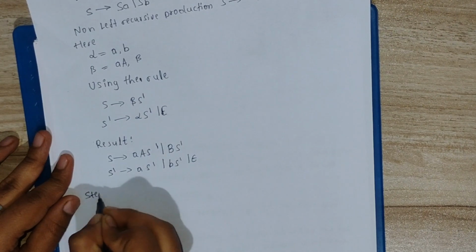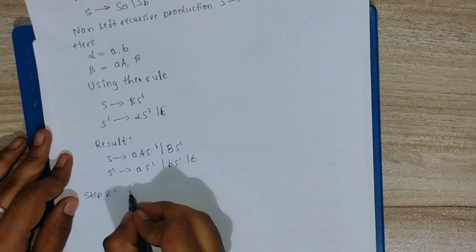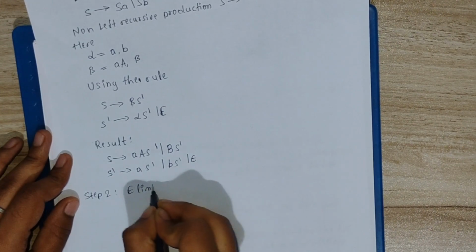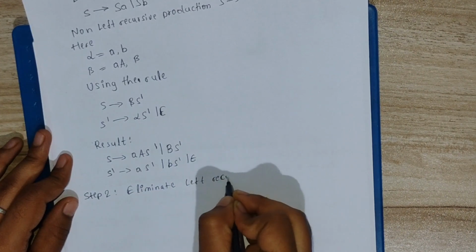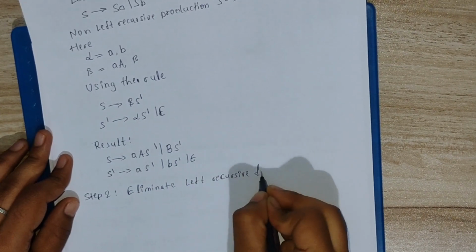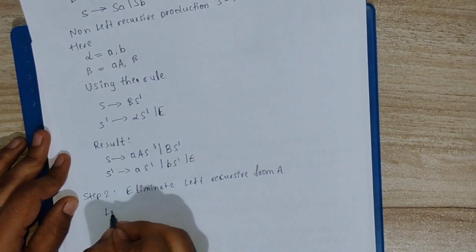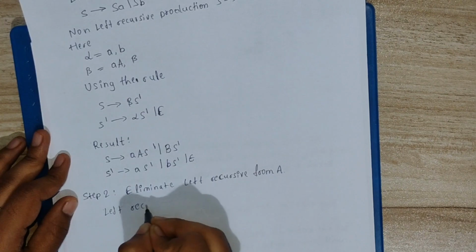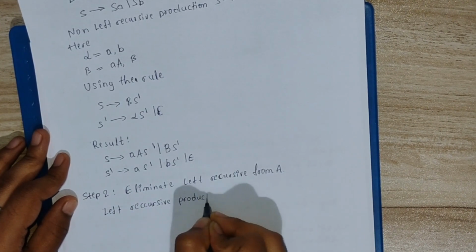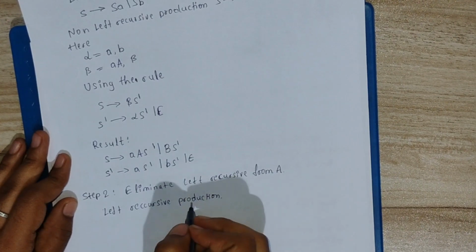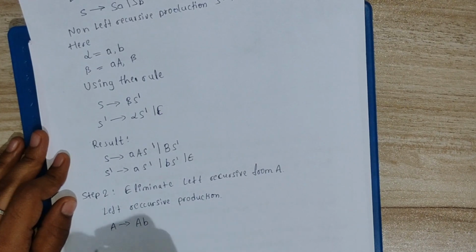Step 2. Eliminate left recursion from A. Left recursive production: A implies AB.